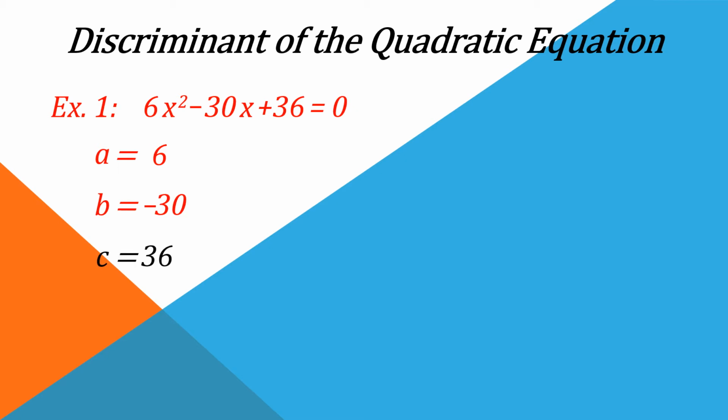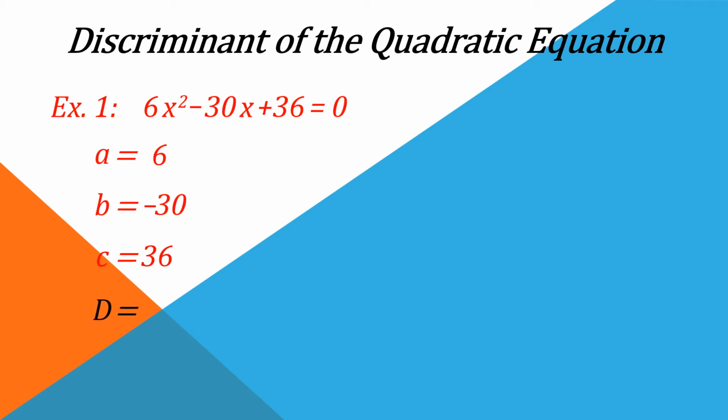Here, a is the quadratic coefficient, b is negative 30 and that is the linear coefficient, and c is equal to 36 is the constant.